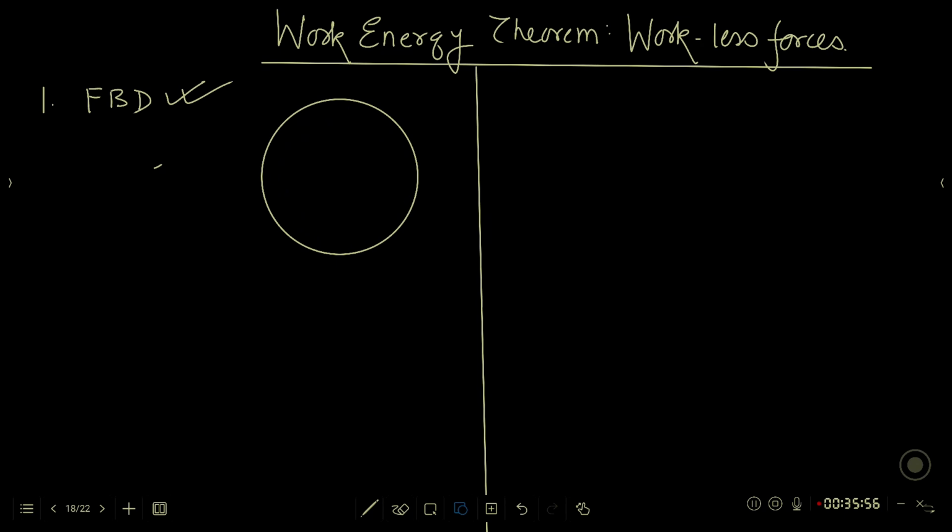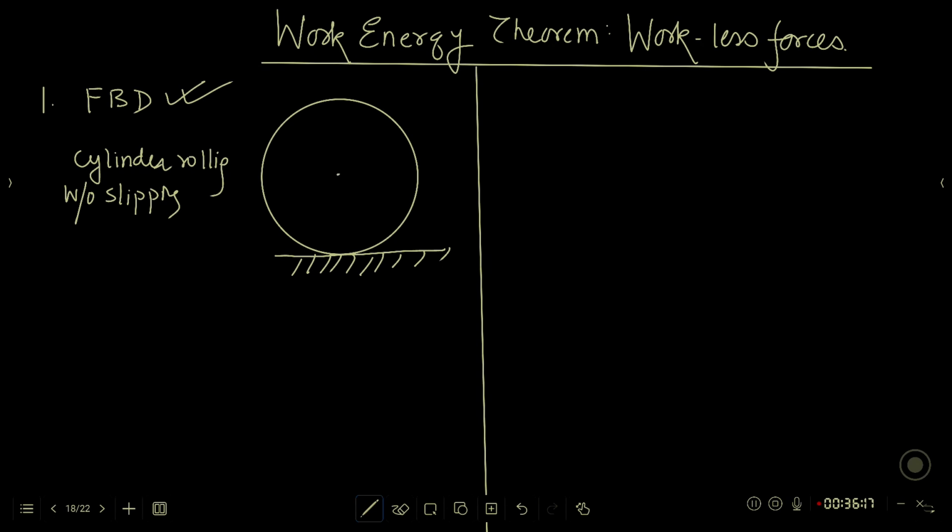Let's have a cylinder rolling without slipping. And this is the surface on which it is rolling without slipping. And at the center somebody is applying a force, say Q vector. Now if you draw the FBD of it, what forces will we put?